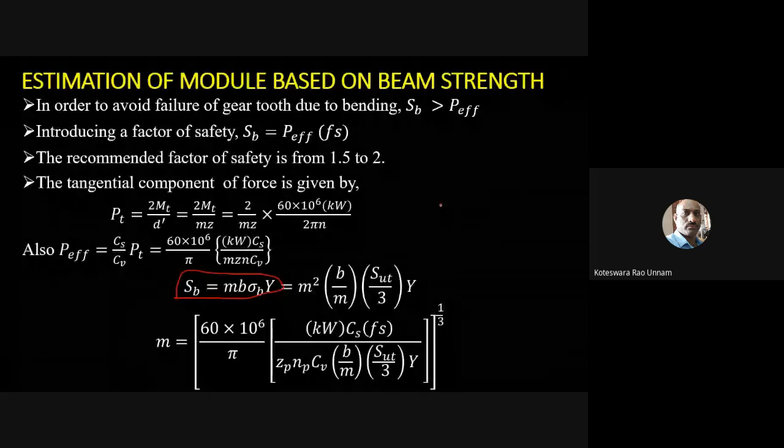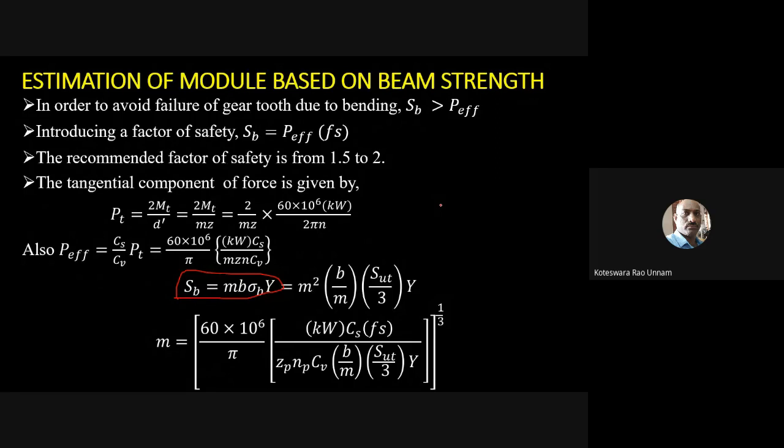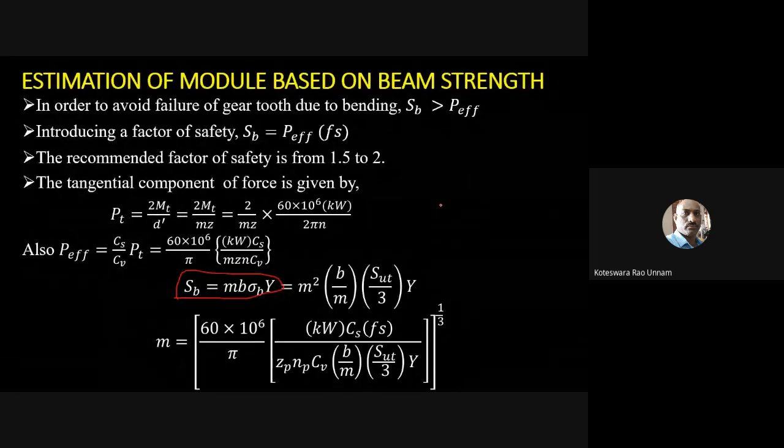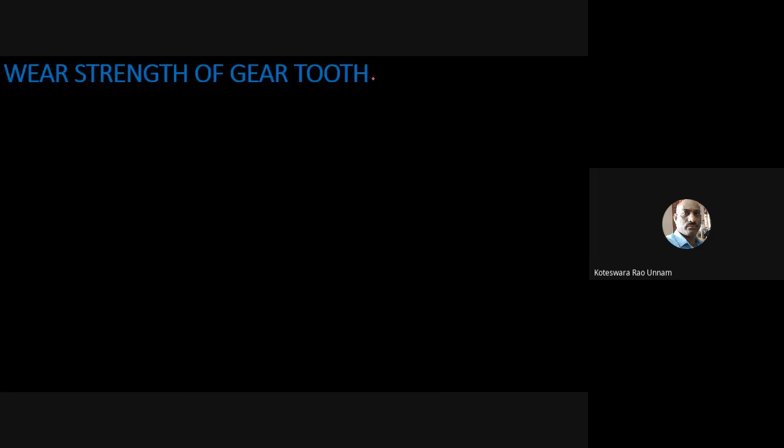So you need to design the gear for two criteria. It has to satisfy both criteria. You need to design the gear based on the beam strength as well as the wear strength, so that you can avoid two types of failures. Okay, right. First we'll see what the wear strength is, then we'll see how we can estimate the module based on it.